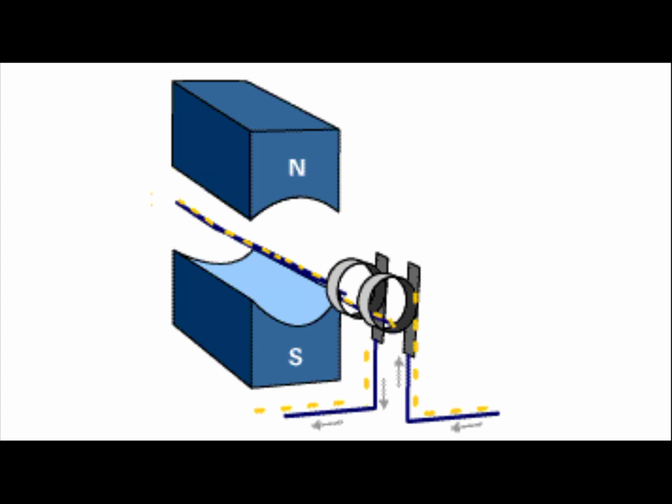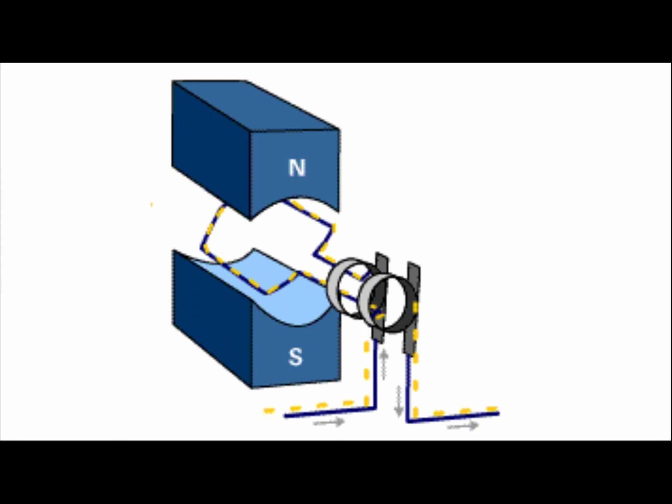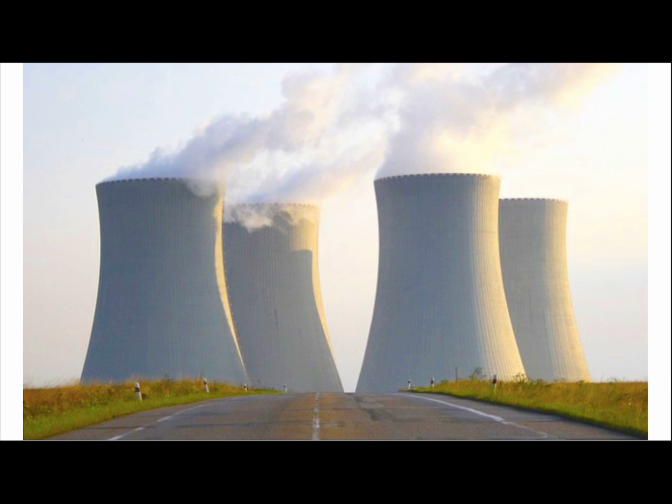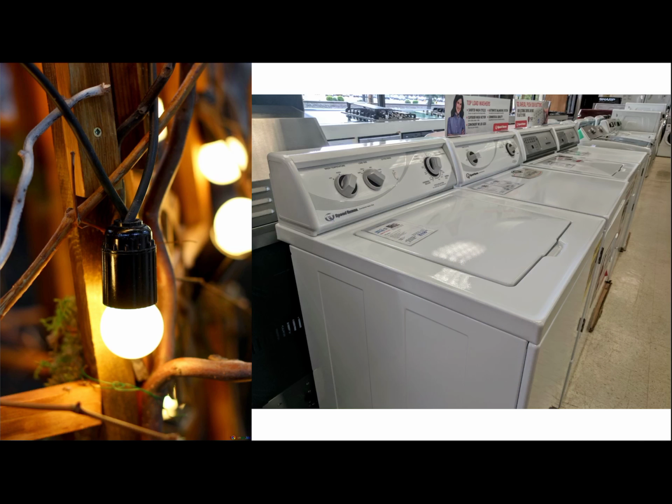So it's moving those wires and thus generating power. Other ways we can do it is with a dam, which uses falling water to move these turbines and generate power that way. And there's also nuclear power, which works similarly.